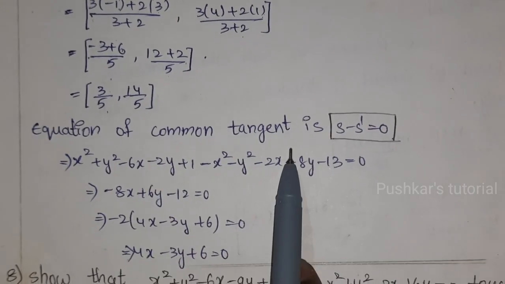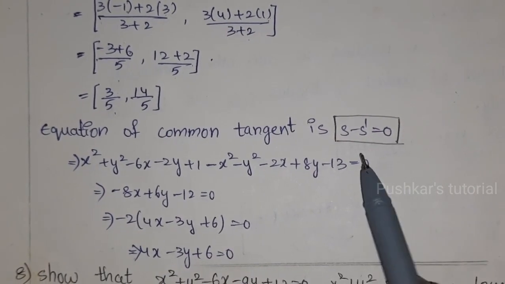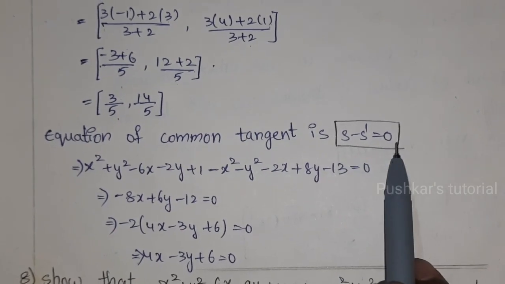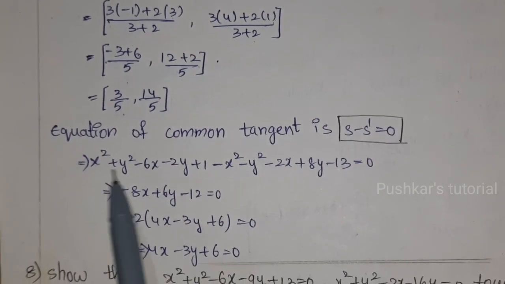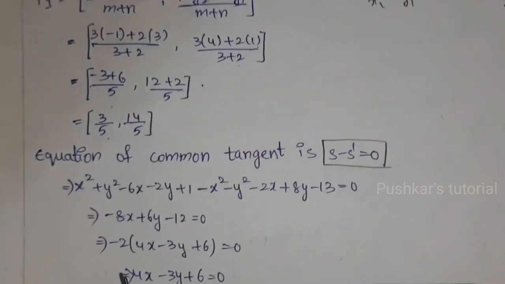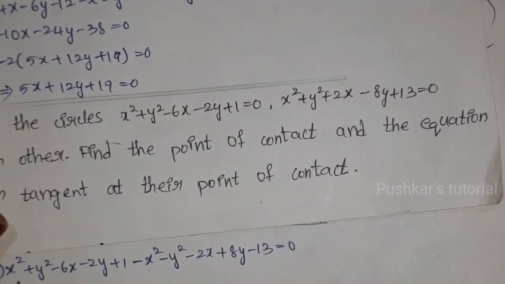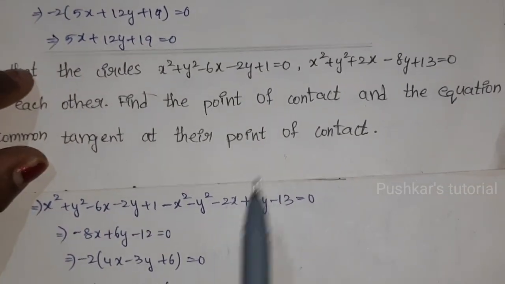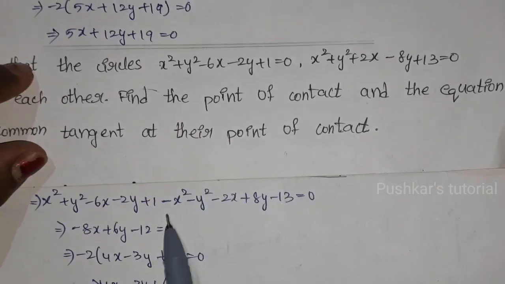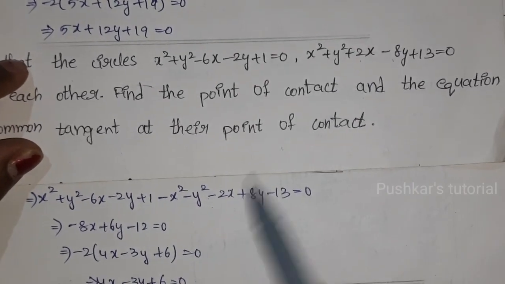Next we need to find the equation of the common tangent. At their point of contact they asked for the equation of the common tangent, and the formula is S minus S dash equals 0. Means first circle minus second circle. So the first circle as it is, minus the second circle: plus will be minus, plus will be minus, minus will be plus.